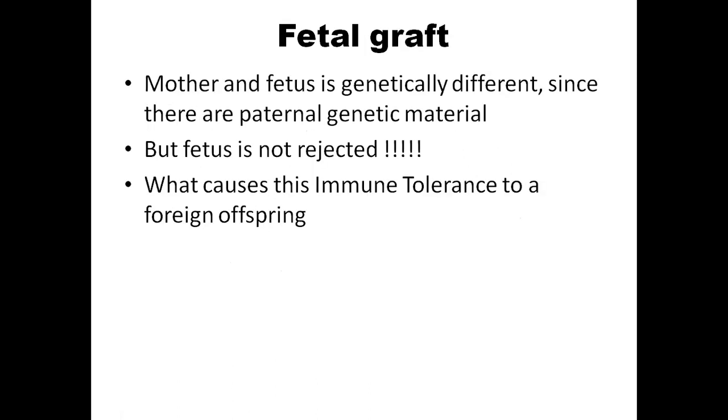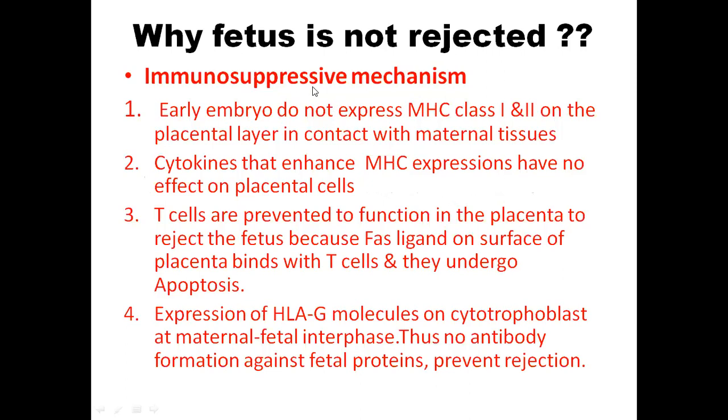Now, the last one is about the fetal graft. We know that the mother and fetus are genetically different for the paternal genetic material, but why is the fetus not rejected? That is because of immune tolerance. So what is the immunosuppressive mechanism for which the fetus is not rejected?